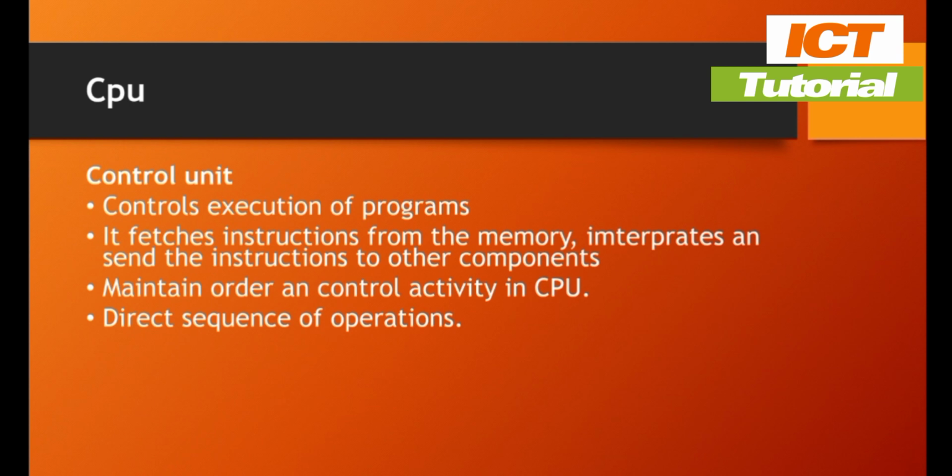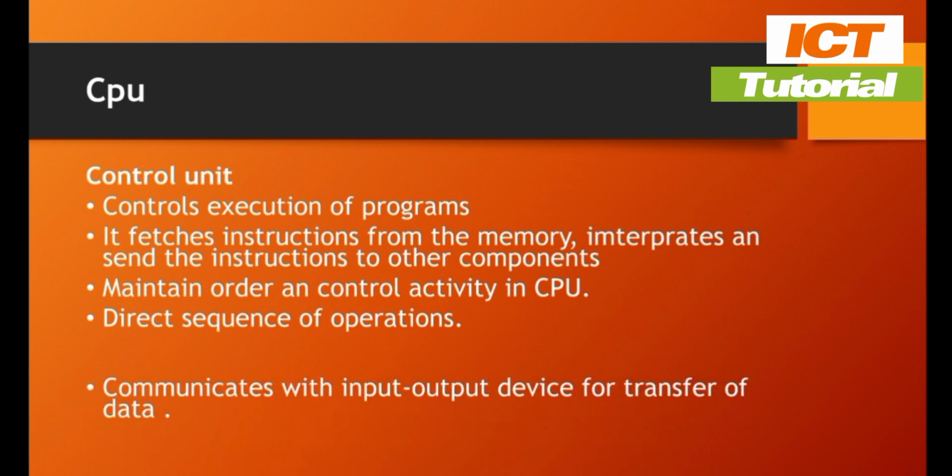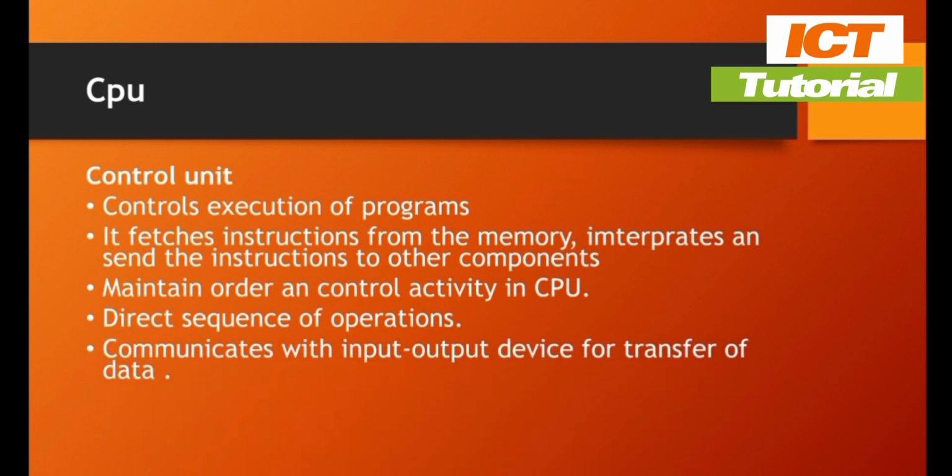If there are many sequences of operations, it is responsible for directing them. It communicates with input and output devices for the transfer of data. When data is input, it communicates with the output devices to transfer the data.